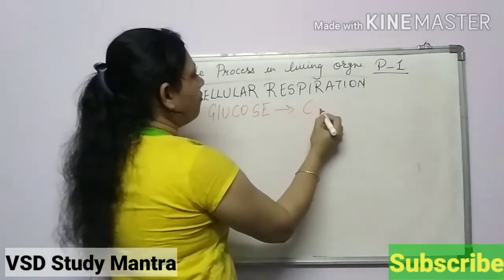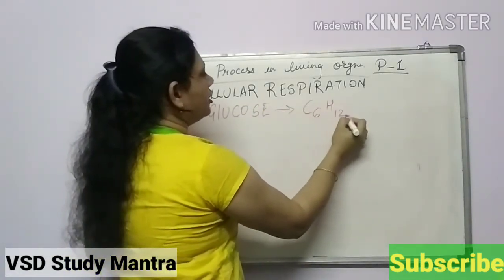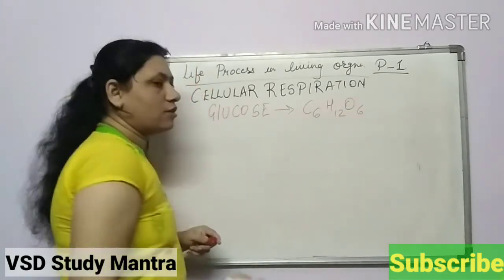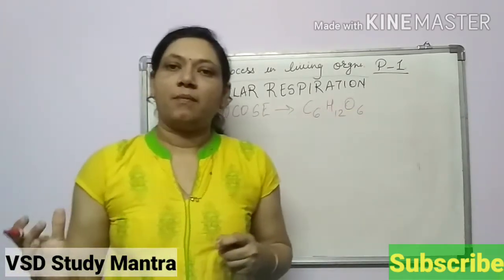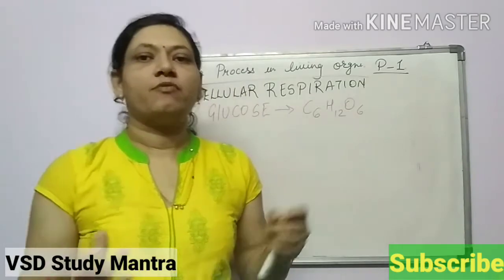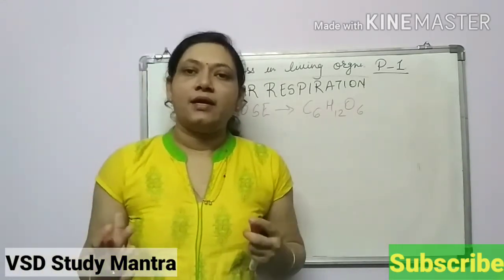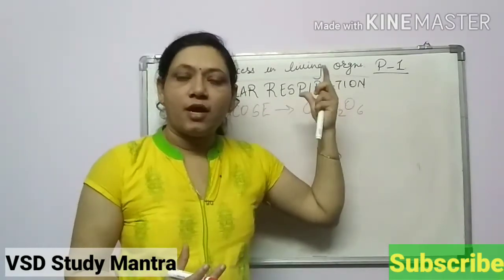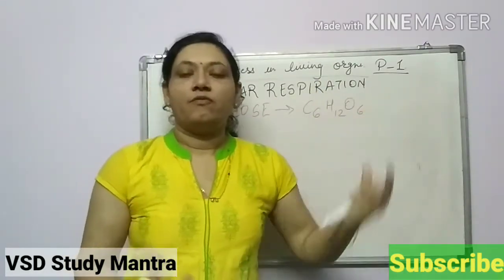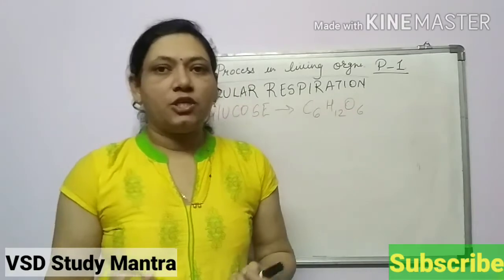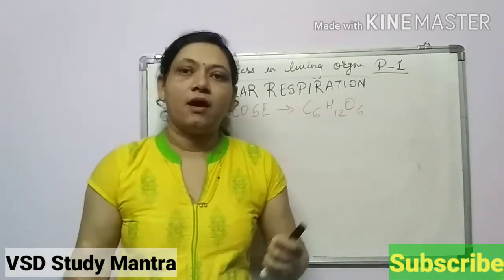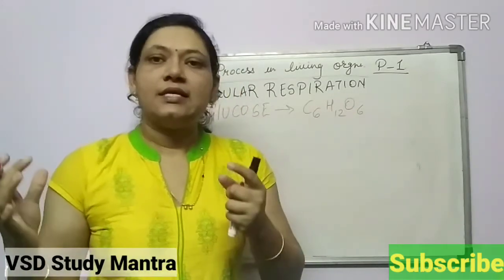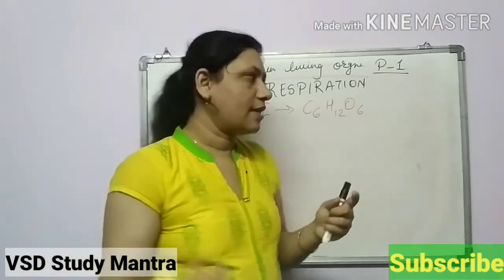What is the formula of glucose? C6H12O6. So glucose is one type of carbohydrate, and it is needed in cellular respiration. Where is cellular respiration done? It is done in the mitochondria of a cell of a living organism.